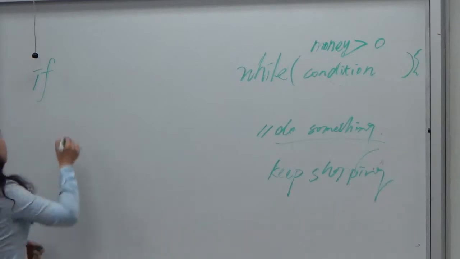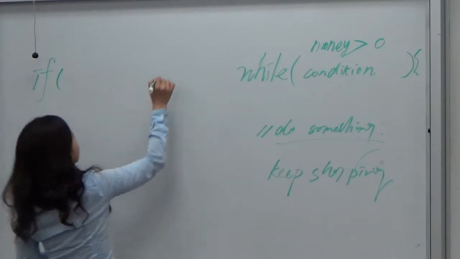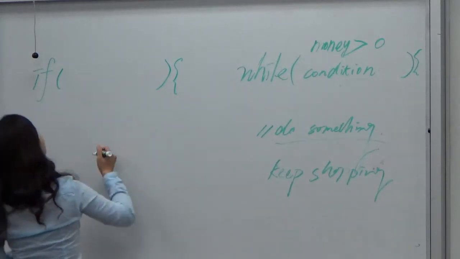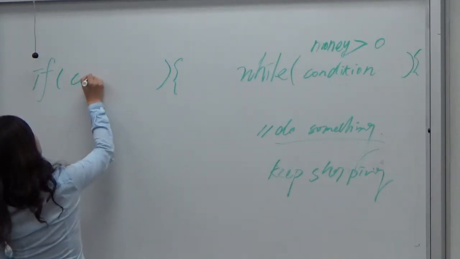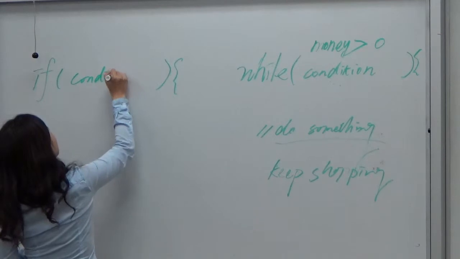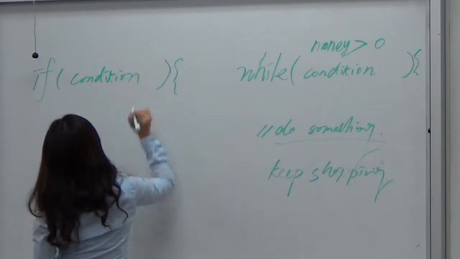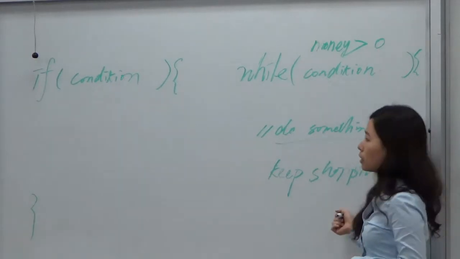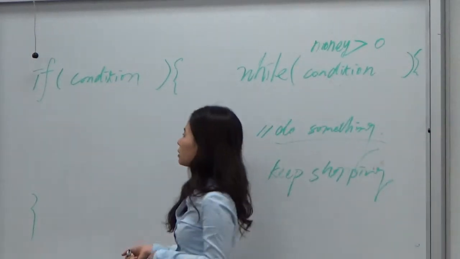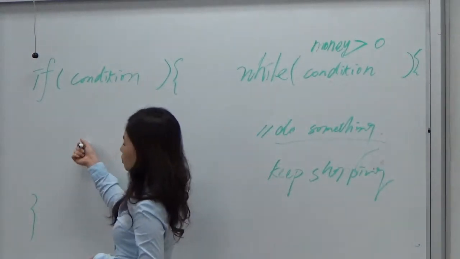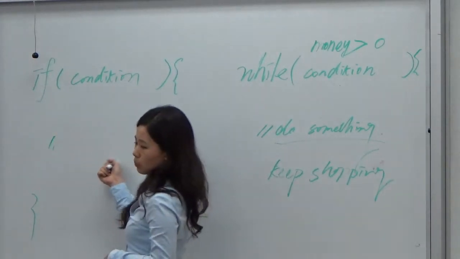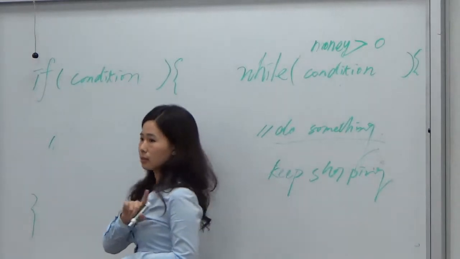Okay, so for the if statement, it will look like this. It looks pretty similar to the while loop, but the difference is that the if statement will only do the things we specified here once.